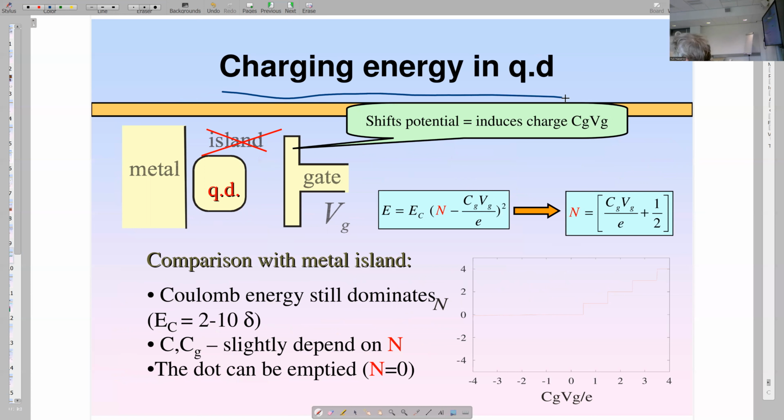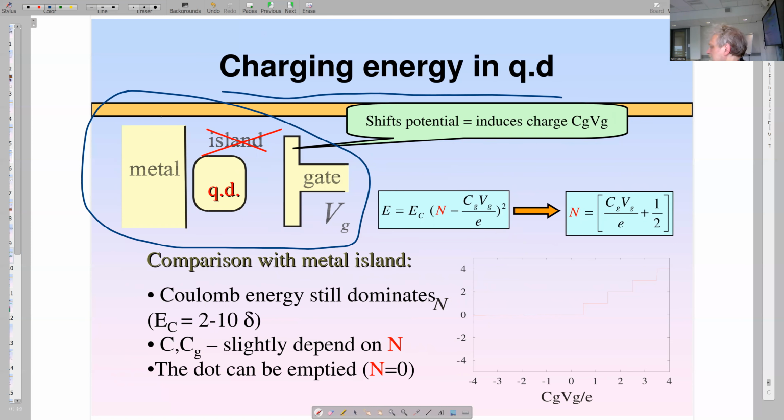So I'd like to have the same system which we looked at for Coulomb blockade. Right, and instead of a metallic island, without visible quantization of spectrum, I just put a quantum dot.